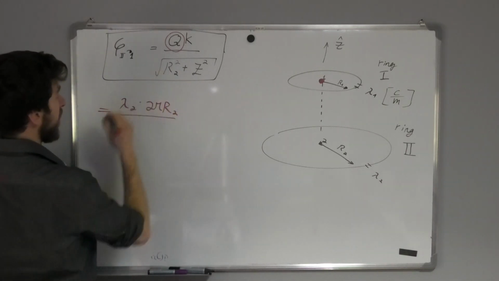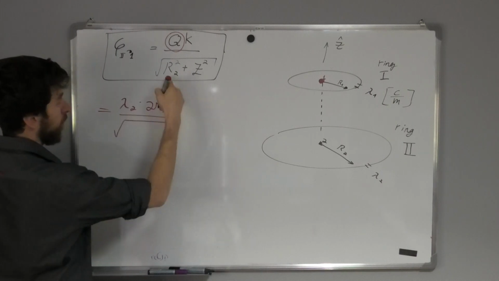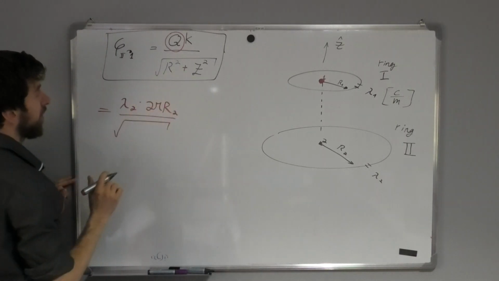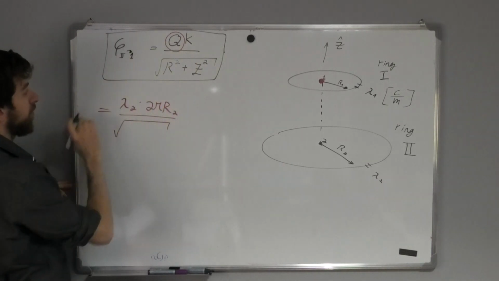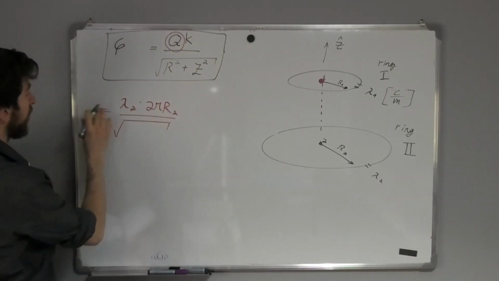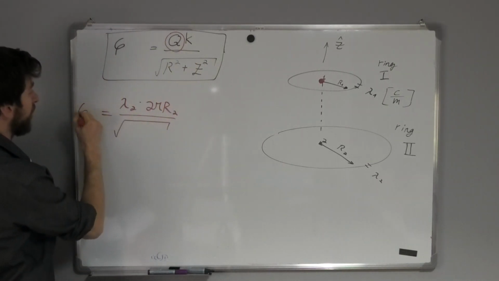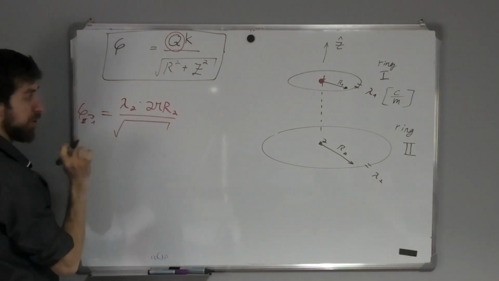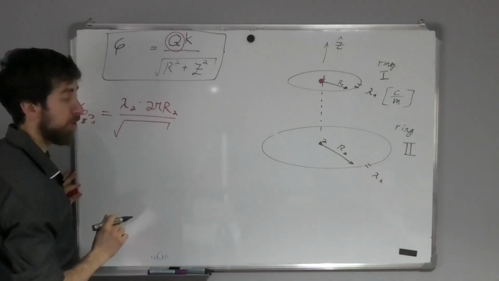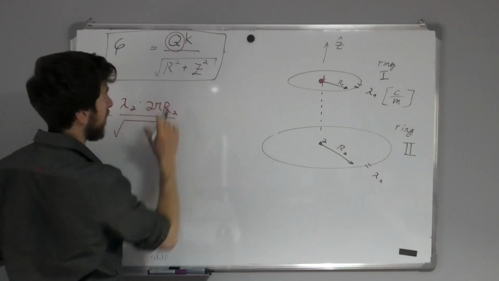Perfect. And here, the square root, sorry for the r here. And this is a general term, phi general. And if I'm looking for phi 2.1, it's this equation when I substitute all the different parameters.